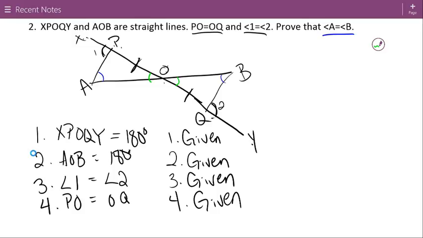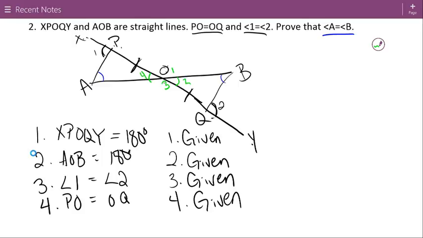When two straight lines intersect, four angles, each less than a straight angle, are formed. So we have two straight lines intersecting. These angles are numbered 1, 2, 3, and 4.